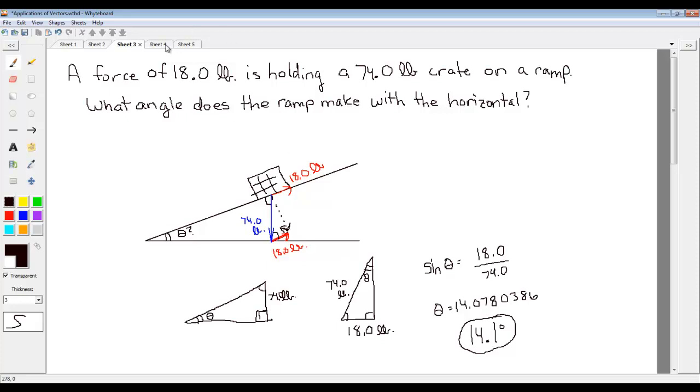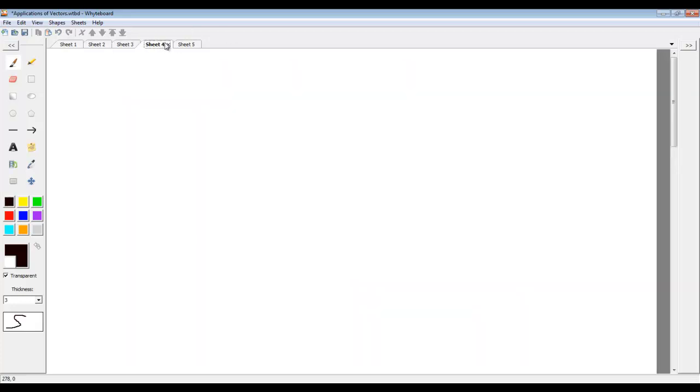Okay, next one. Next one's not a force problem, but rather a bearing problem. Ship leaves port on a bearing of 25.0 degrees. It travels 61.4 kilometers.